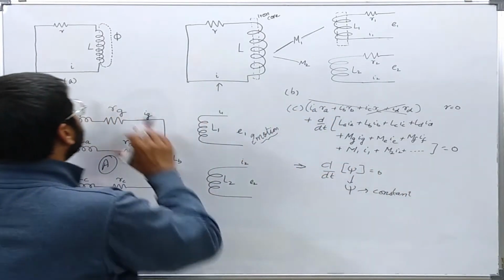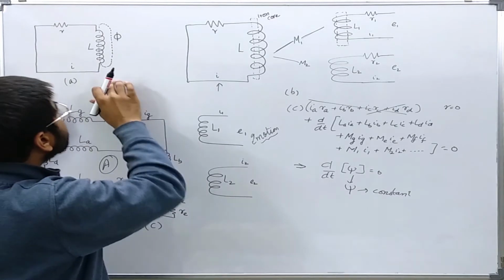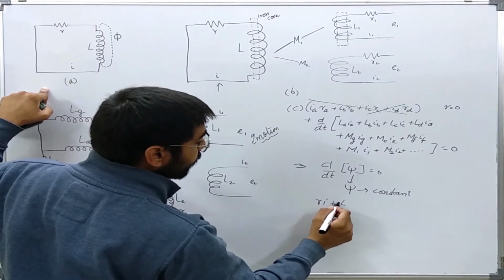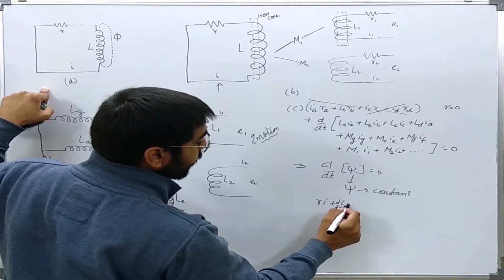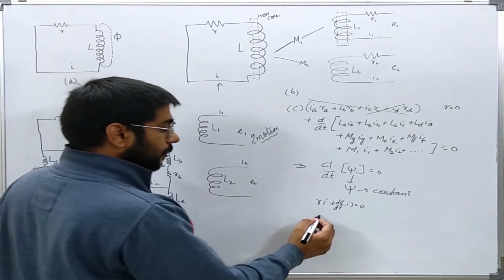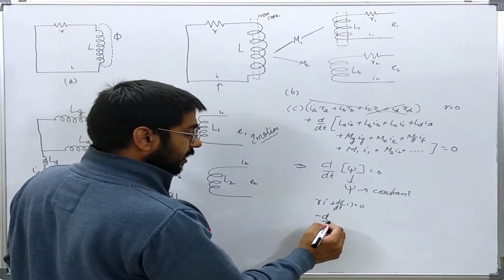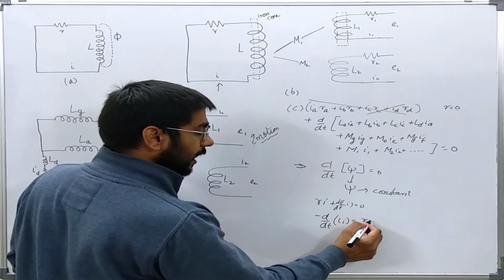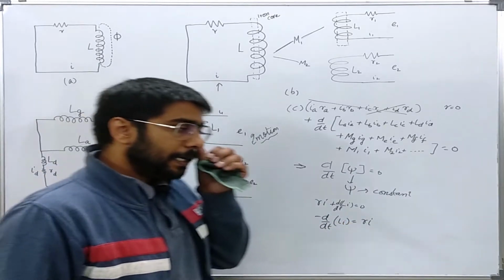Now I will try to show one more thing. Let us say we are again writing the equation for this circuit. So Ri plus d by dt of Li is equal to 0. So minus d by dt of Li is equal to Ri. What does it mean?